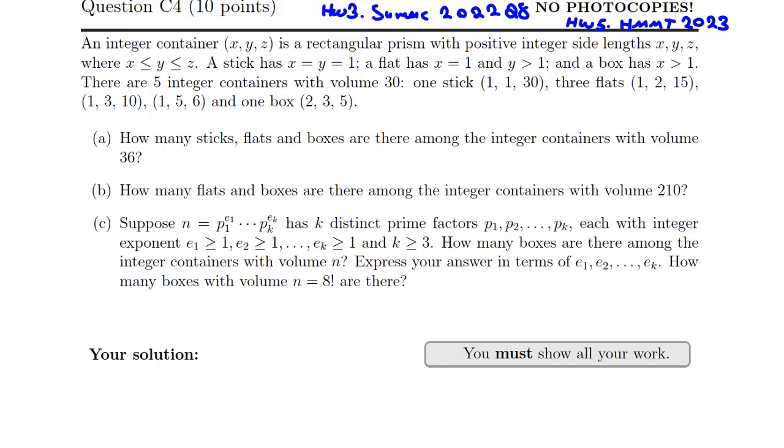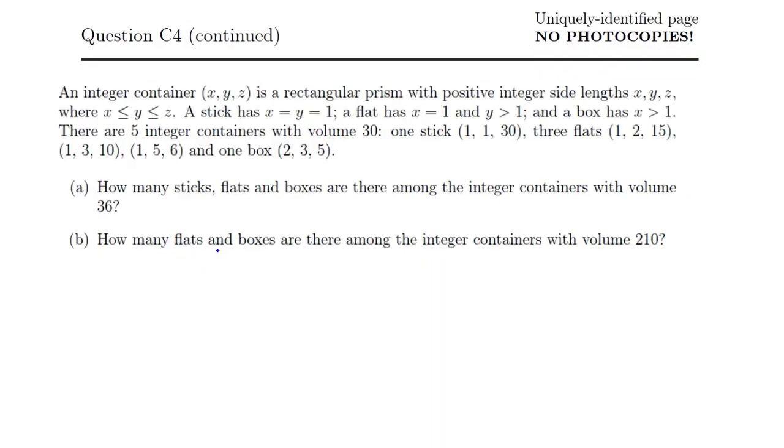So here it wants to only calculate flats and boxes. Okay, so let's try. For this part, we want to find flats and boxes that the volume is 210. So before writing, it's good to write divisors of 210, positive divisors. You write, okay, 1, 2, 3, 4 not, 7. If we prime factorize, it is 2 times 3 times 5 times 7.